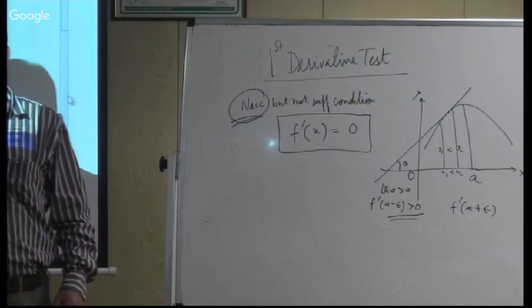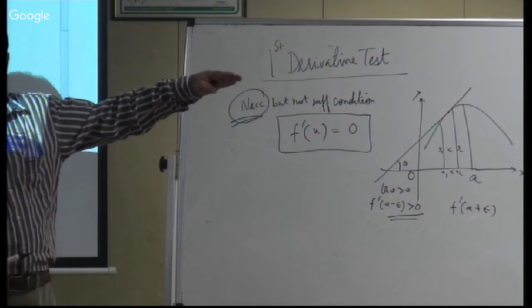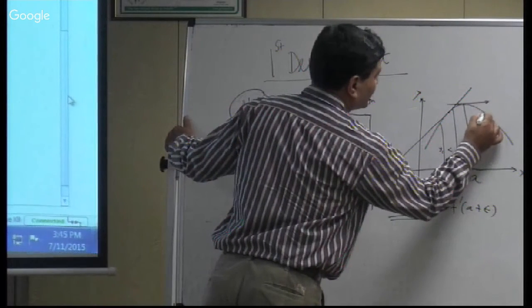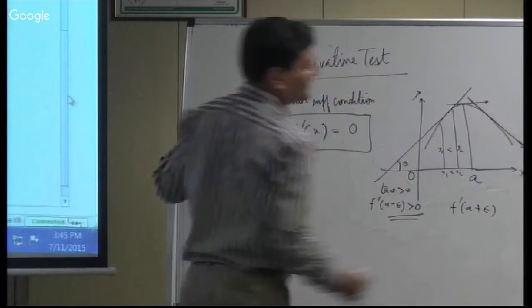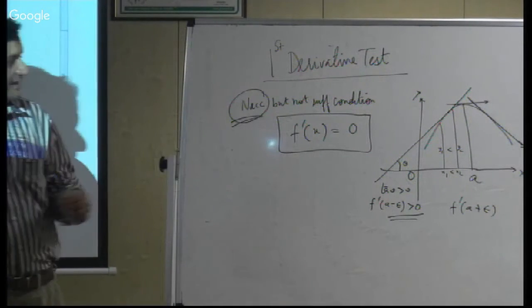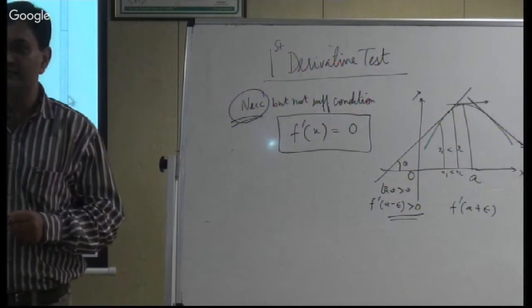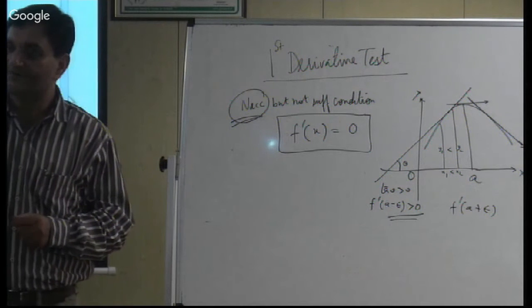The curve reaches the maxima, at the point of maxima this tangent will become parallel to the x-axis, and on the right, the tangent makes an obtuse angle with the positive direction of the x-axis. Obtuse angle means tan theta will be negative. In the second quadrant tan theta is negative, so the derivative will be negative.